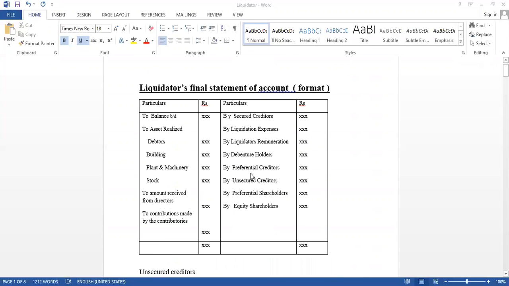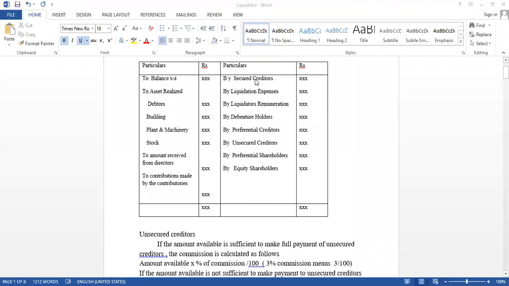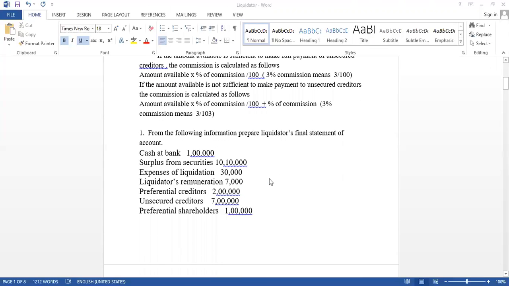Now the format: secured creditors, liquidation expenses, remuneration, debenture, preferential creditors, unsecured creditors, preferential shareholders, and equity shareholders. In this problem, secured creditors is not given.